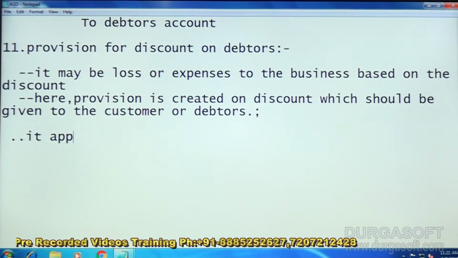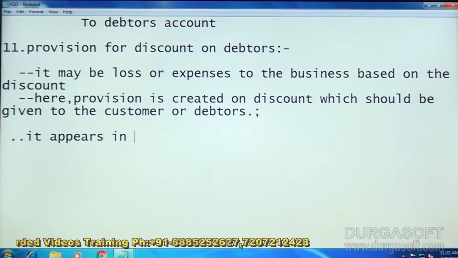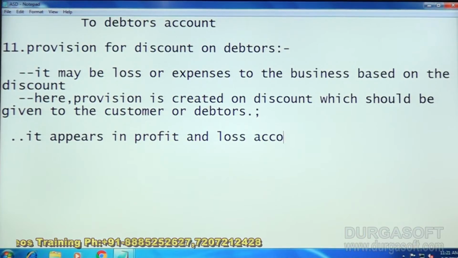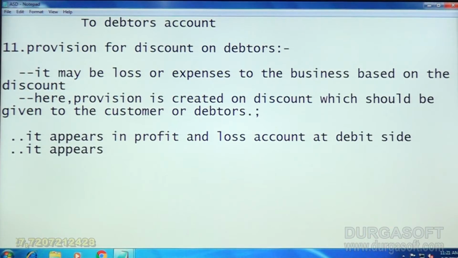It appears in profit and loss account at debit side, and it appears in balance sheet at asset side.